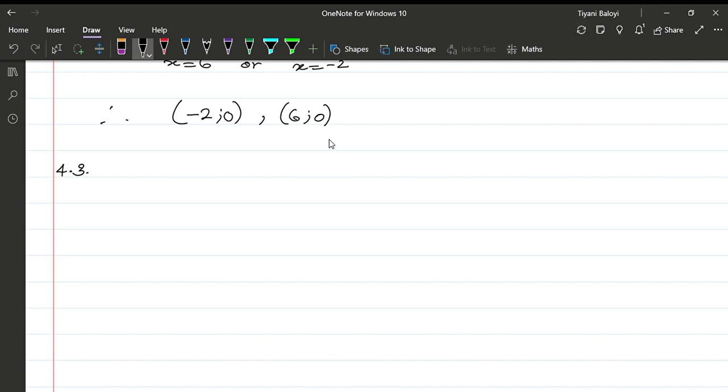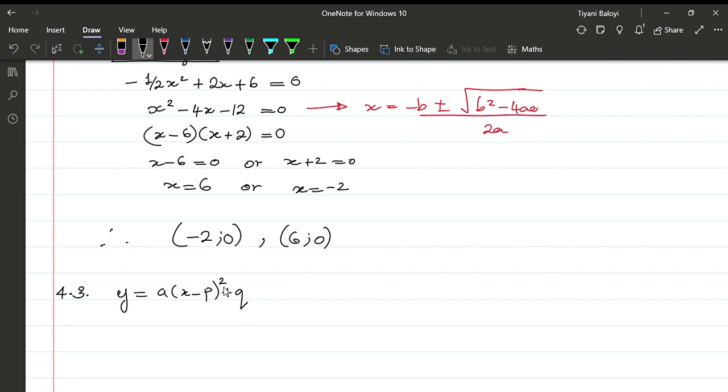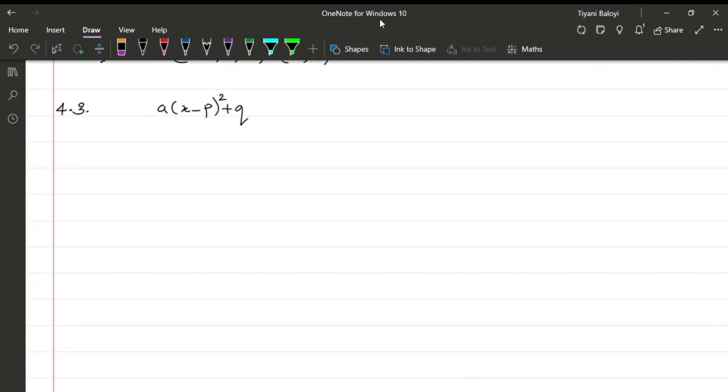You can complete the square and then write your function as a(x plus p) to the power 2 plus q. These are your turning point coordinates. But since we have a function up here, you can just complete the square of this one and write it like this, and this will be the turning point. That's kind of long, so let's just use the simple one.